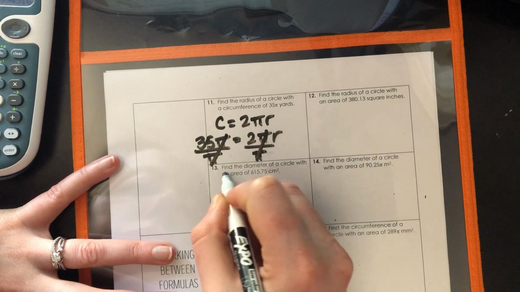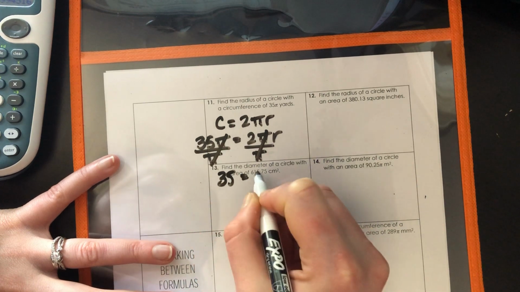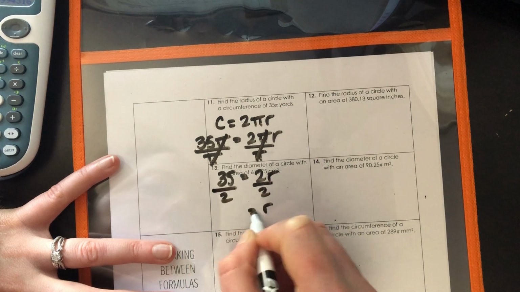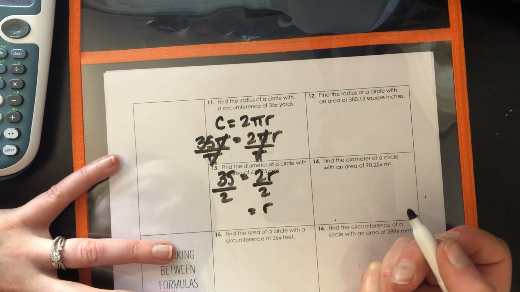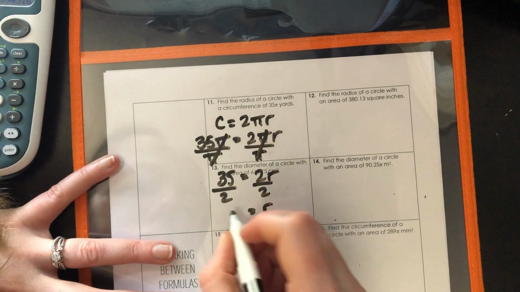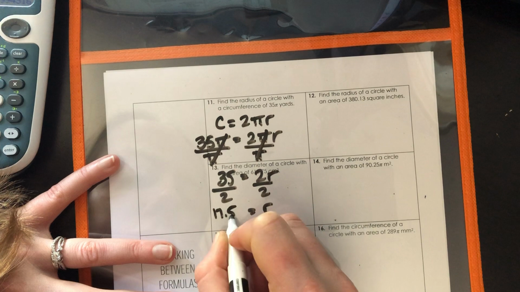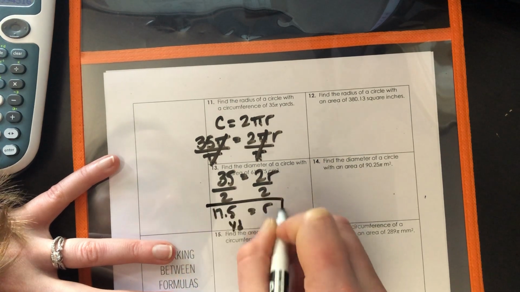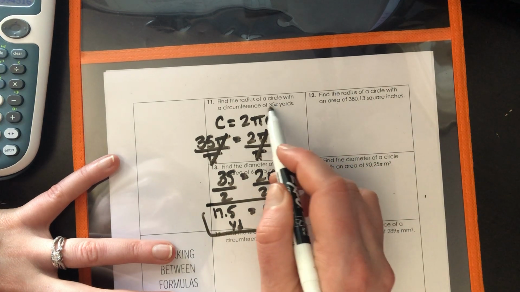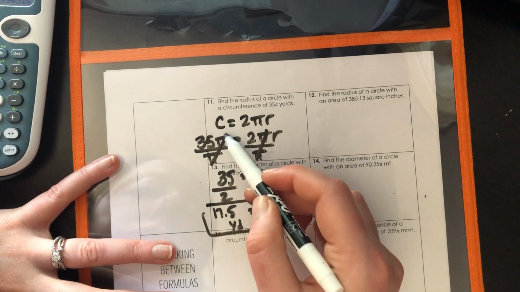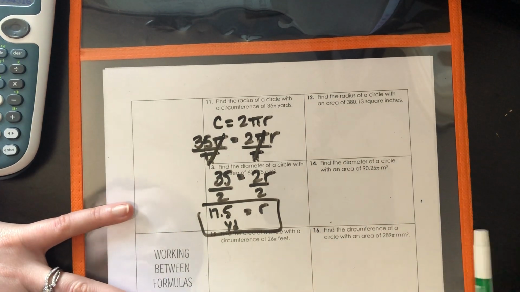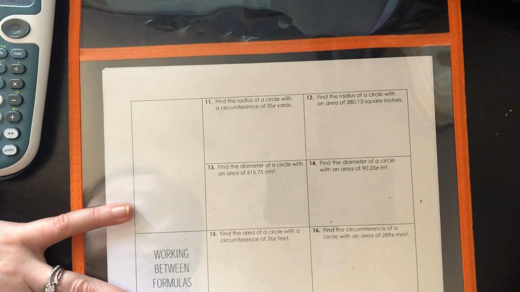So now I'm left with 35 equals 2r, and half of 35, let's see, 15, 16, 17.5 if I'm not mistaken. 17.5 yards, and then you're done, because I just wanted the radius. So if they give it to you in exact form, a number times pi, it's very nice because the pi is going to cancel. Okay, so let's talk about these other three, and there's a reason.